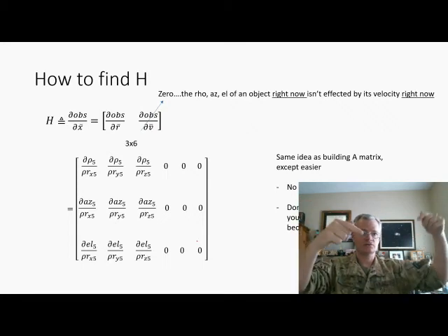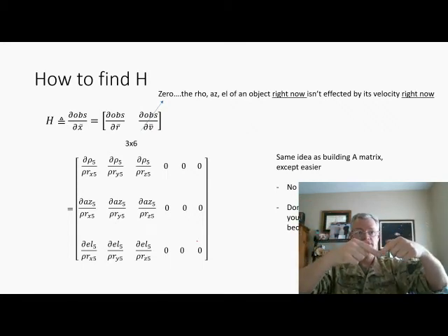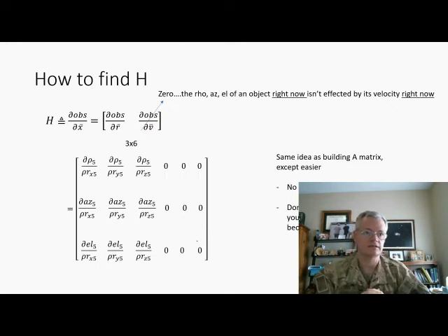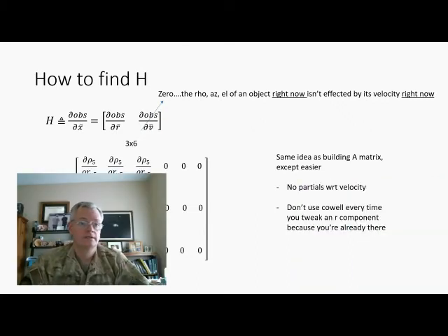If one satellite's coming this way, one's coming this way, and they have the same rho as L, a delta V will affect different rhos, but right at that instant it doesn't. If you're propagating from epoch and you give it a big kick in velocity, then the rho as L will be different. But if they're both right now, then it doesn't matter how it's moving. The rho as L is just a function of the x, y, and z.